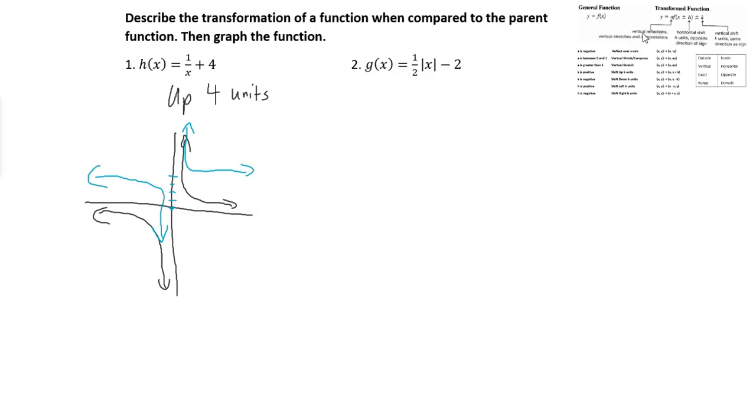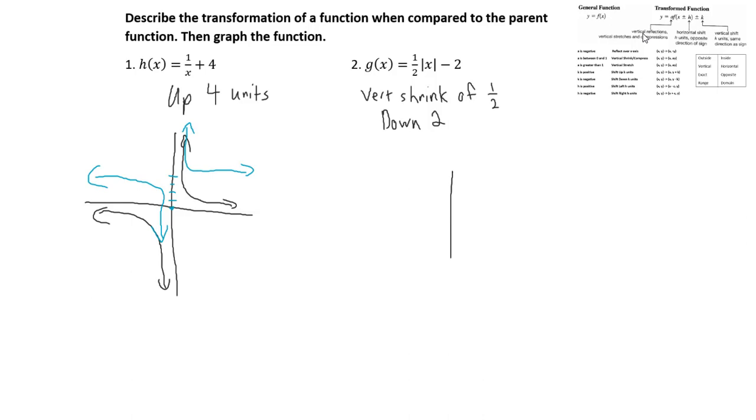All right, let's go to the next one. So we have a 1/2 in the front. So that would be a vertical shrink of 1/2. And a -2 on the outside affects the vertical. So this would be down 2.